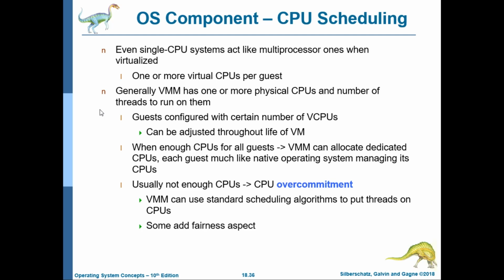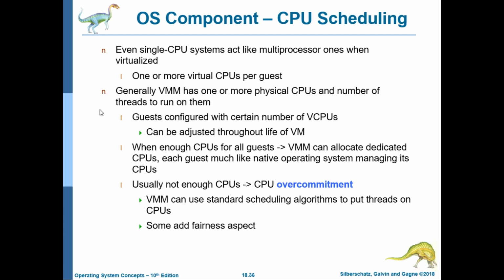A guest is configured with a certain number of vCPUs, and it can also be adjusted throughout the life of the virtual machine. You can adjust it, for example, in the virtual machine manager. When there are enough CPUs for all guests, the VMM can allocate dedicated CPUs. Each guest then acts like a native operating system managing its CPUs.